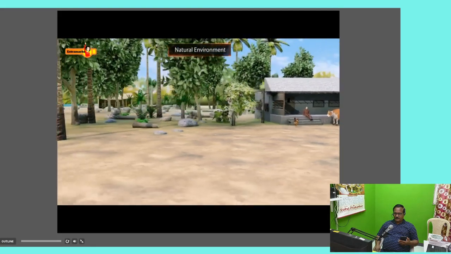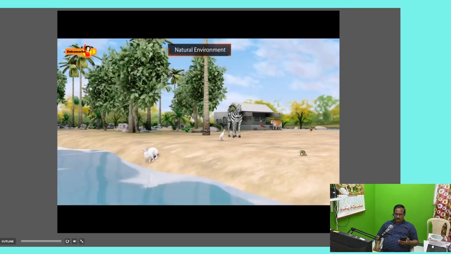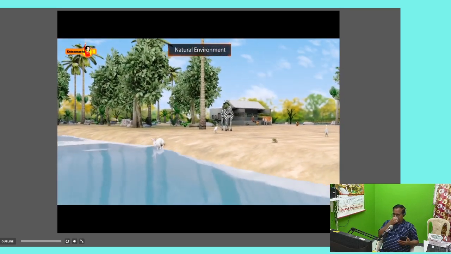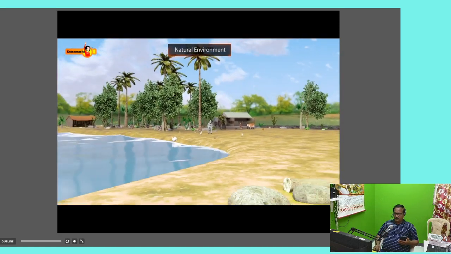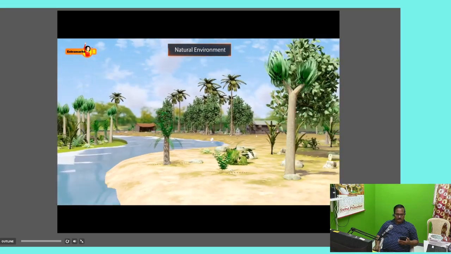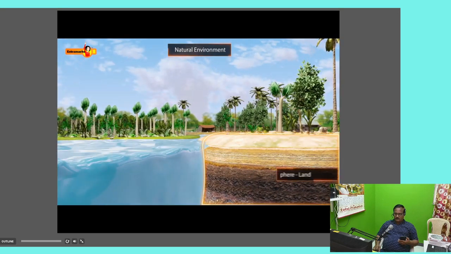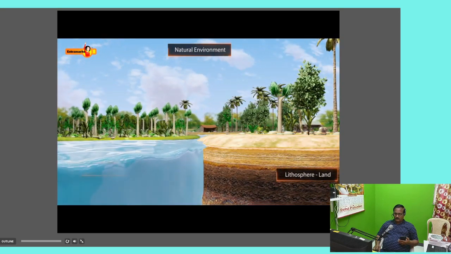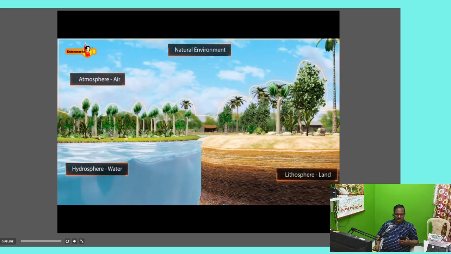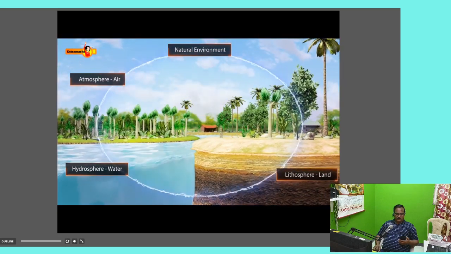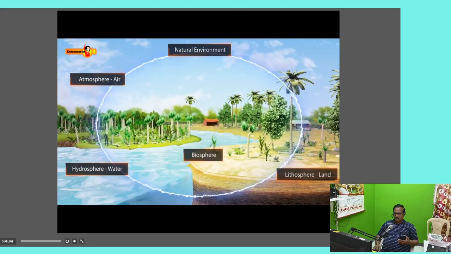The natural environment consists of all living and non-living things that occur naturally. It includes lithosphere, which consists of land, hydrosphere, which consists of water, atmosphere, which consists of air, and biosphere, which consists of living things, that is, plants and animals.